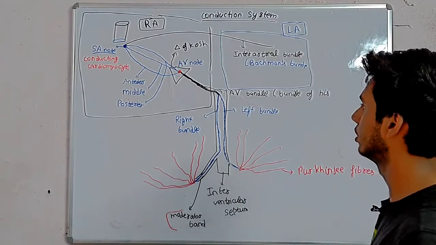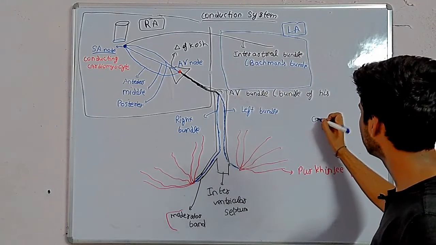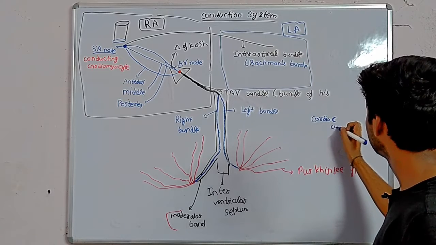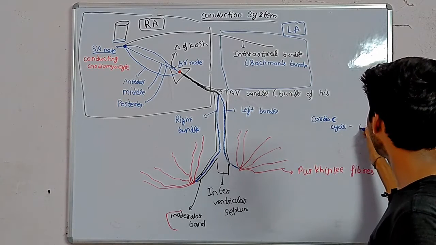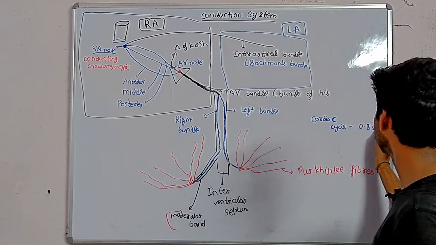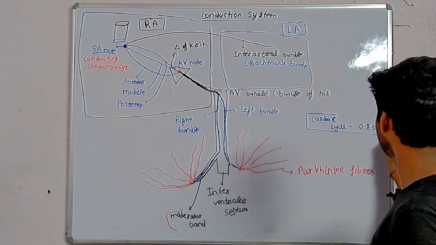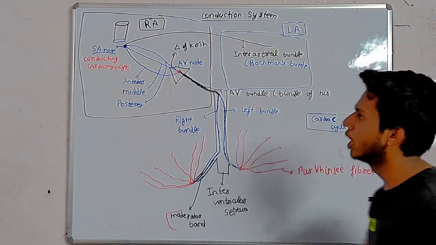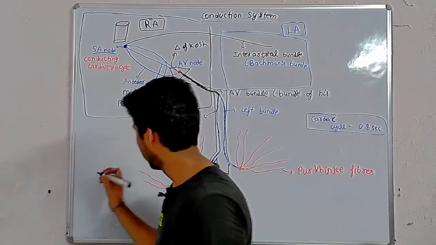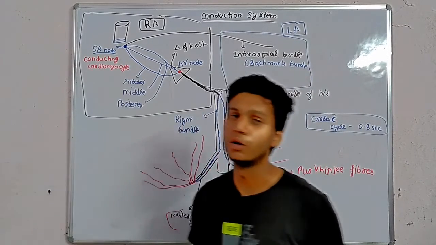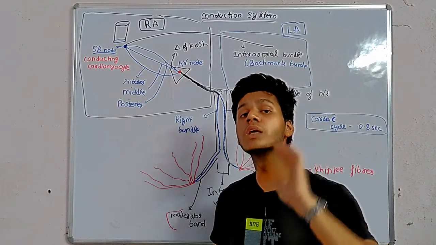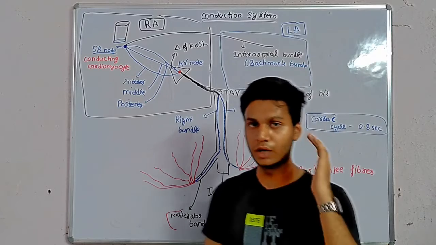So this is the whole conducting system of the heart. We know the cardiac cycle is 0.8 seconds. The SA node is myogenic, so it can generate an impulse on its own, but it can also receive input from the nervous system, from the brain.